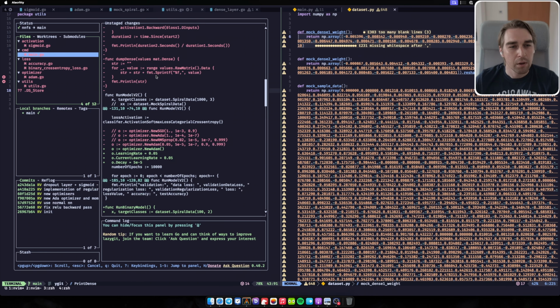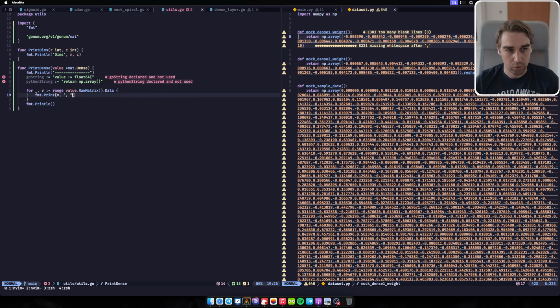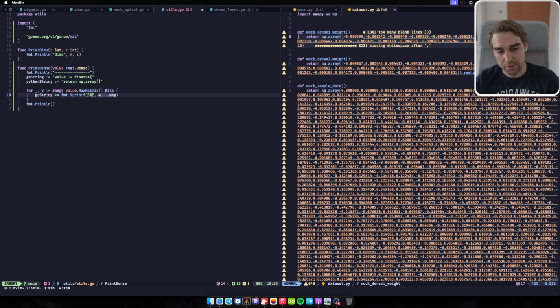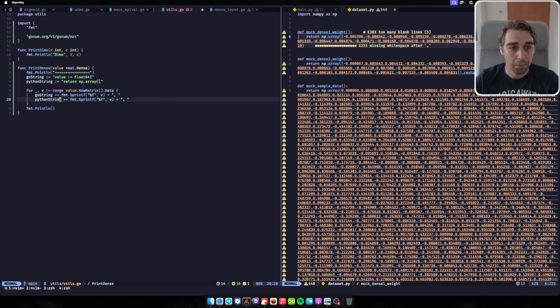Oh yeah, this one. fmt.Sprintf, %f, and the value. Okay. So for the Go string, it's equal, I think I can use this one, fmt.Sprintf, %f, and v, right? Then plus comma and space. And I think the same for the Python string, right?